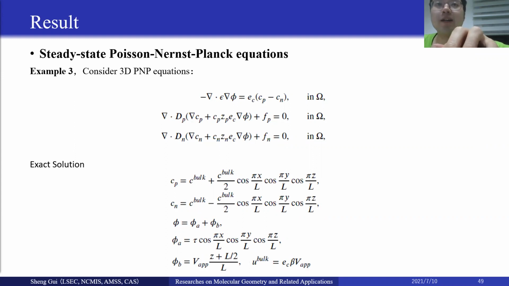The C bar can influence the ion concentration. The V app implies the electric field, and L is the size of the domain. Obviously, if C bar, V app, and L are large, then the convection strength will be large.